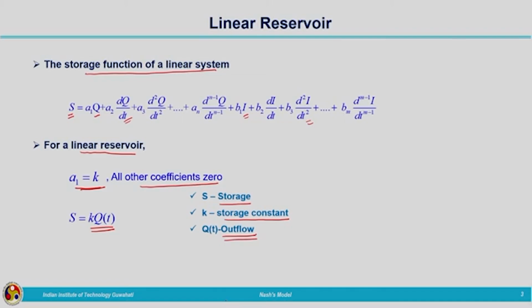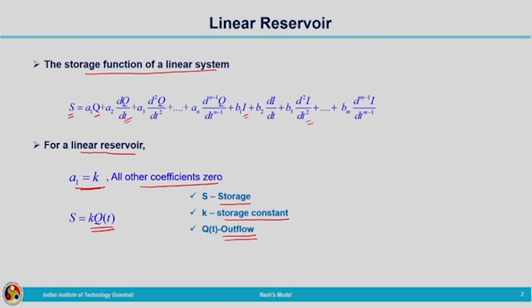All these parameters, that is I of t, Q of t, S, all are functions of time. And here what we are assuming is a storage function which can be considered as proportional to the outflow or output, that is Q. So, S is directly proportional to Q is the assumption which we are making in the case of linear reservoir.